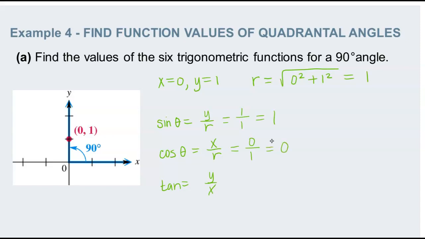Plug that into your calculator and it will tell you that the answer is 0. Y over x is 1 over 0. This one's not okay. We're not allowed to have 0 in the denominator. If you plug that into the calculator, it'll give you an error and tell you that it's not okay. So this one is undefined.